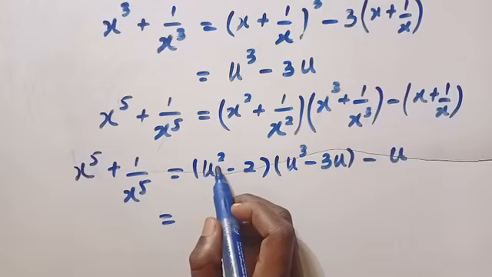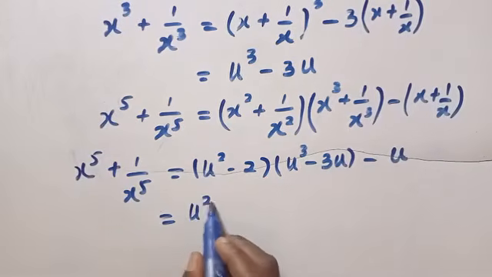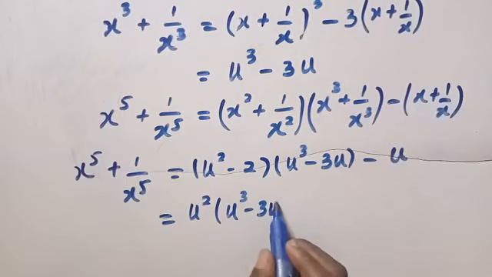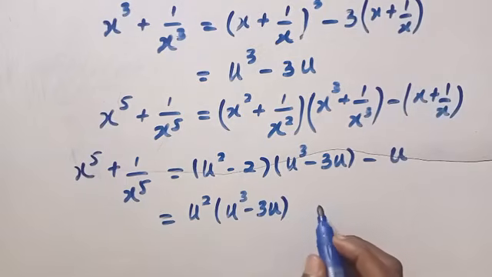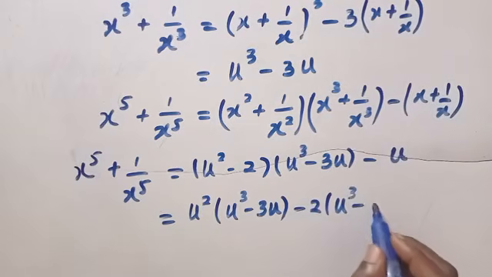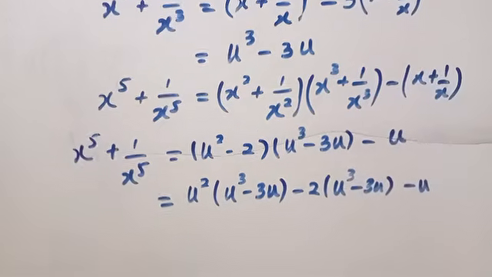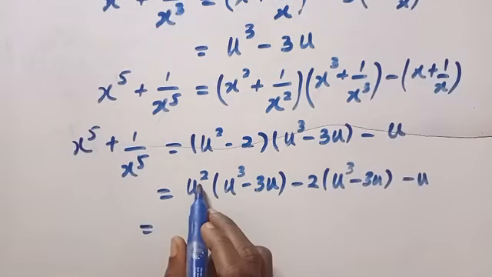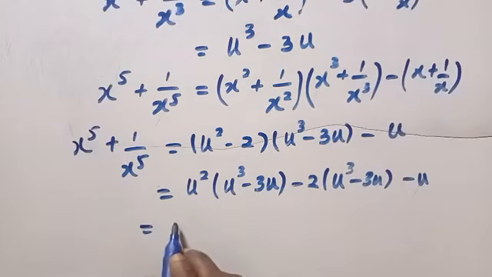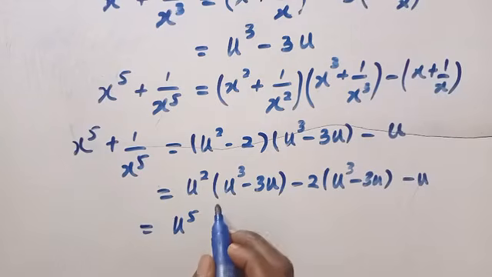We multiply u power 2 with u power 3 minus 3u, then minus 2 times u power 3 minus 3u, then minus u. u power 2 multiplied by u power 3 gives us u power 5 following the rule of indices.